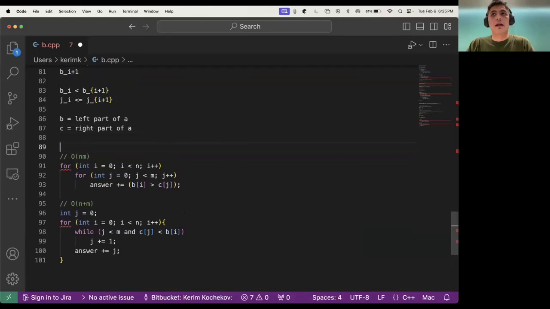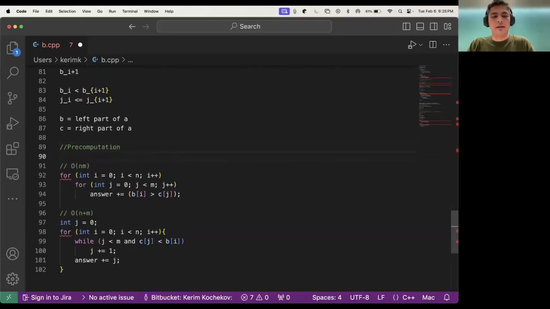Faster ones can be, for example, insertion sort, or the already implemented C++ sorting algorithm, which all work in n log n. So in the pre-computation, if we don't have sorted arrays B and C, we might need to do the extra operation of n log n plus m log m.